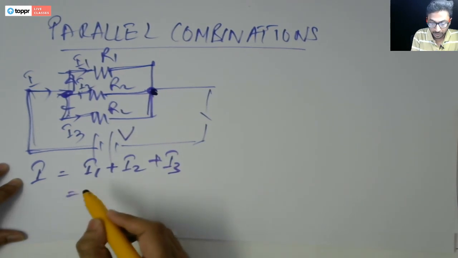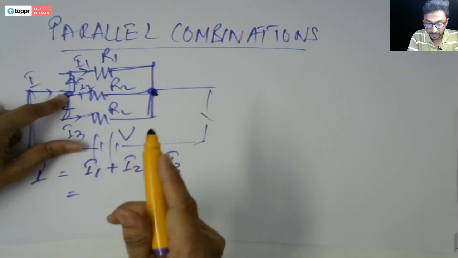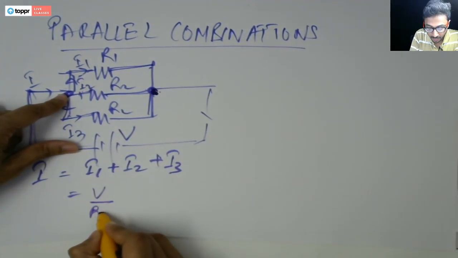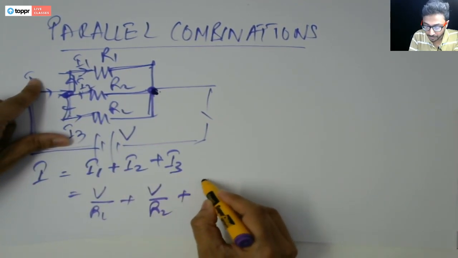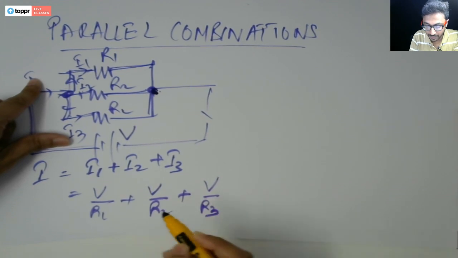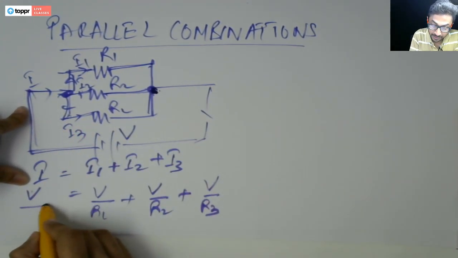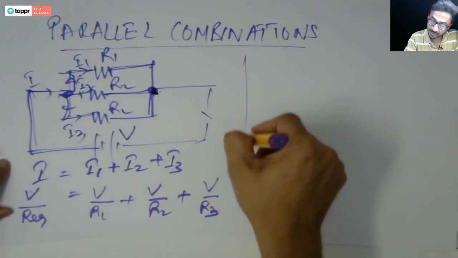So we can write, now I1 is what? This potential difference is also V. For R1 it is V, so it is definitely V by R1. For I2 it is also V, V by R2. I3 is also V, V by R3. So for this I, if we say this is R equivalent, V will cancel out.